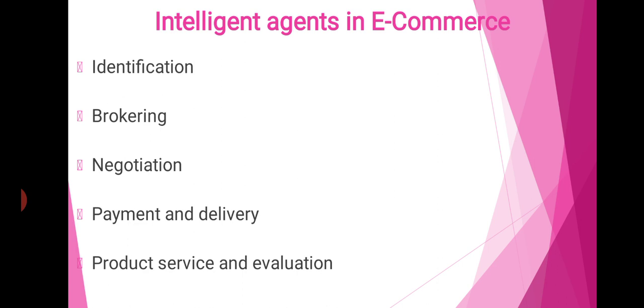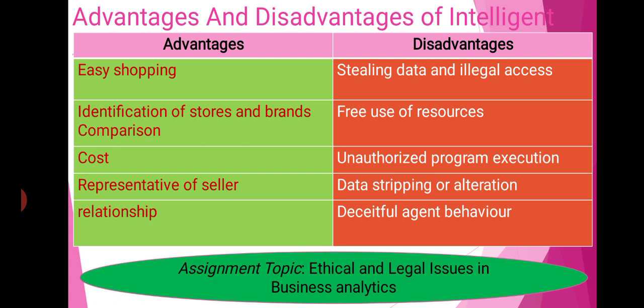Clear. Now we can see what the advantages and disadvantages of intelligent agents in e-commerce are. First one, advantages. It is easy for shopping. As far as a buyer is concerned, it is very easy: taking down some specifications and returning with recommendations of purchase which meet those specifications.